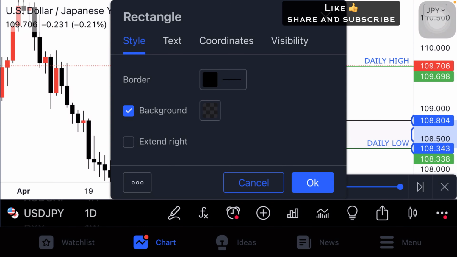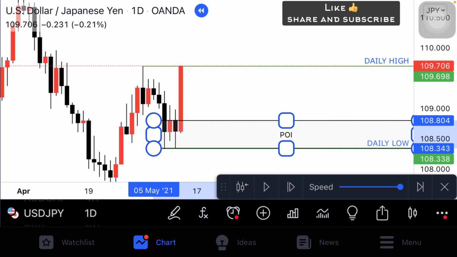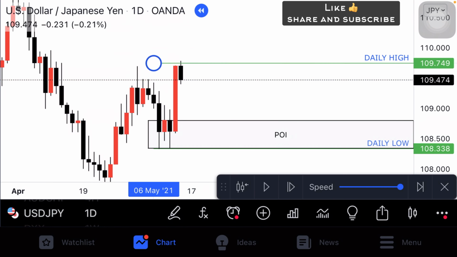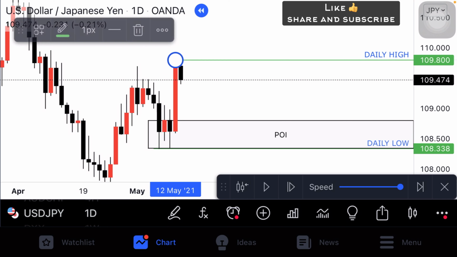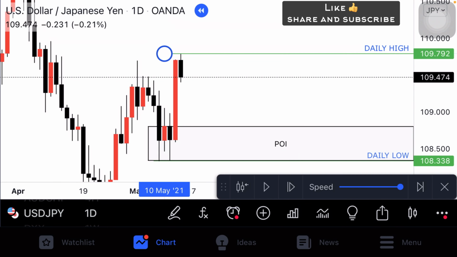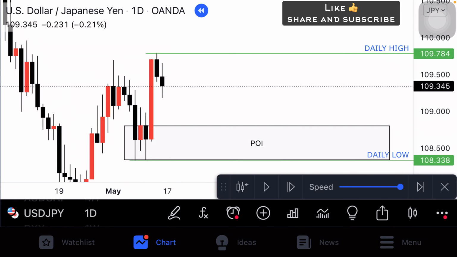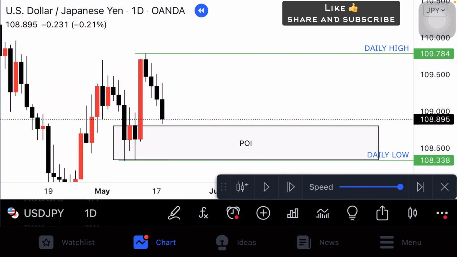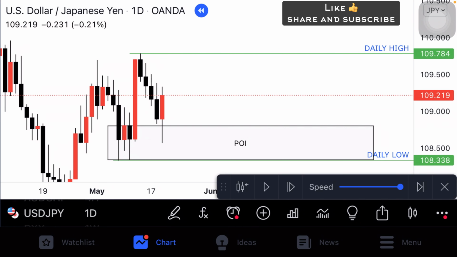We got a failure to break the high. Label this as our point of interest. Our high can now be placed here. So we adjust our daily high and lows while we move along, so we can keep track of what we're doing. So we're looking for the market to tap within our order block, which it did right there.